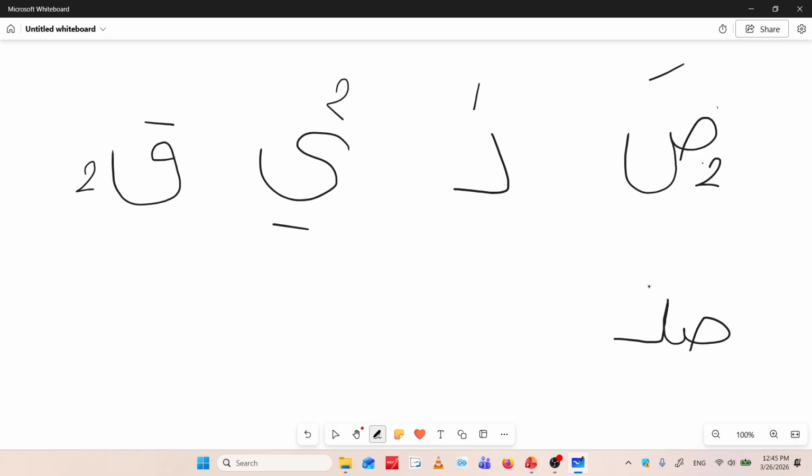Then we have the dal, and because the dal is a one-way connector, it's not going to be connected with what comes after it. And then we have the ya. I'm sorry, this ya is the initial ya, but because the dal is a one-way connector, we don't connect it. So it's going to be written like that.